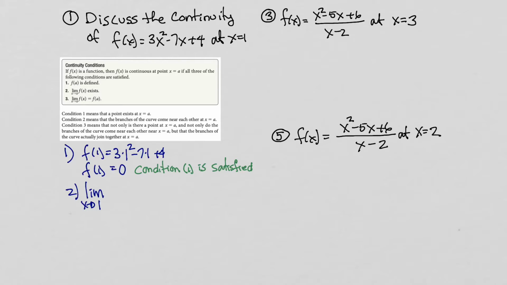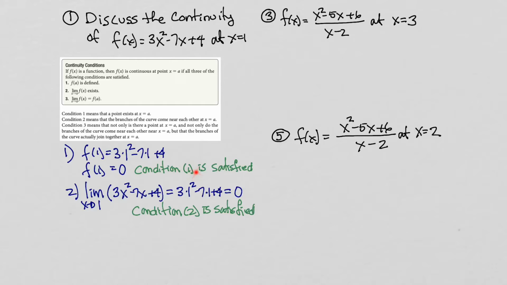So let's take the limit as x approaches 1, because that's the value in which we're interested. f of x in our case is 3x squared minus 7x plus 4, and because this is a polynomial function, we have a rule that states we can substitute: 3 times 1 squared minus 7 times 1 plus 4, which we know to be 0. So condition 2 is satisfied. The limit does exist at 1. I'll make note of that here.